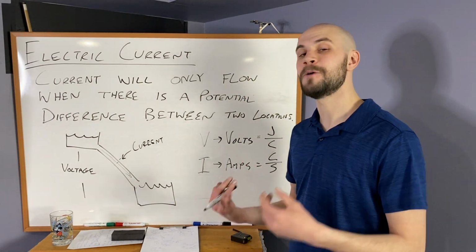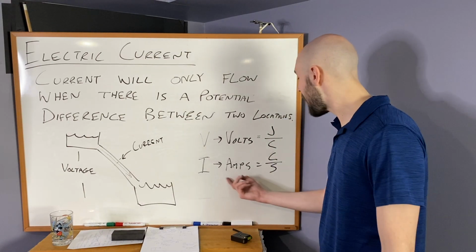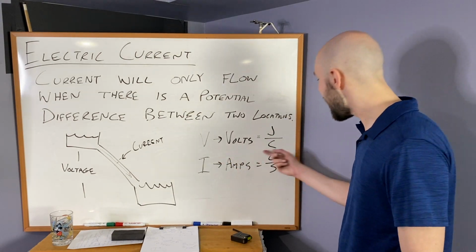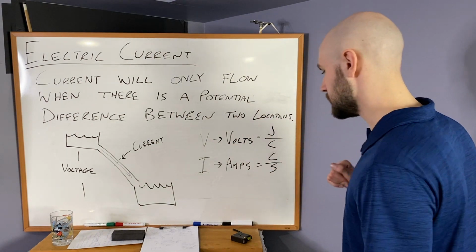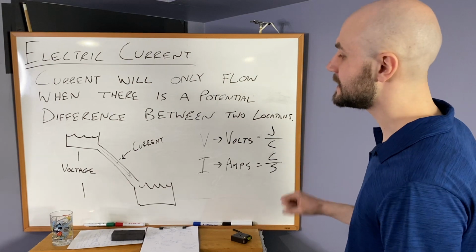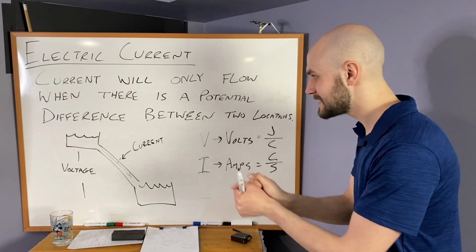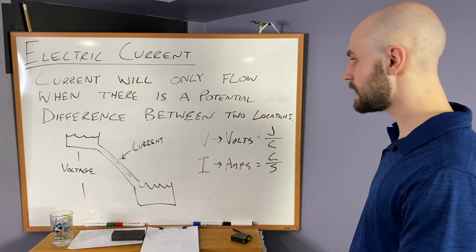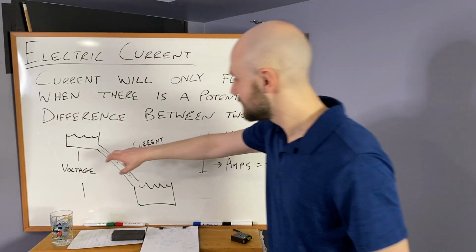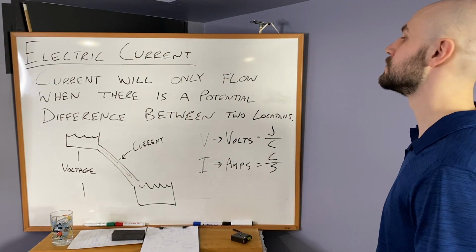So in order to power our devices in the future, when we start talking about circuits, we need to know how much charge is actually flowing and the potential difference between those locations. We'll get into that a bit in the future. The big idea here is understanding the difference between voltage and current. Voltage is the potential difference between the locations, the difference in height in our analogy, and current is actually how much charge is flowing between those two locations.